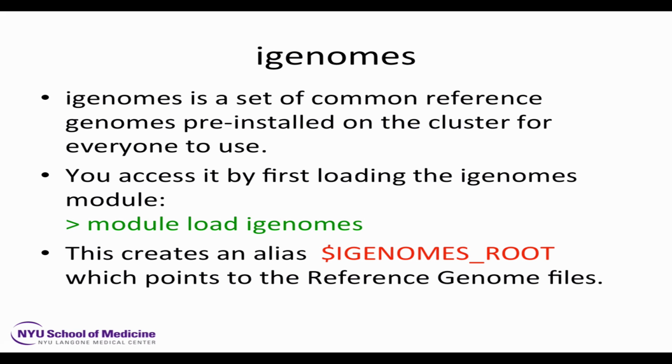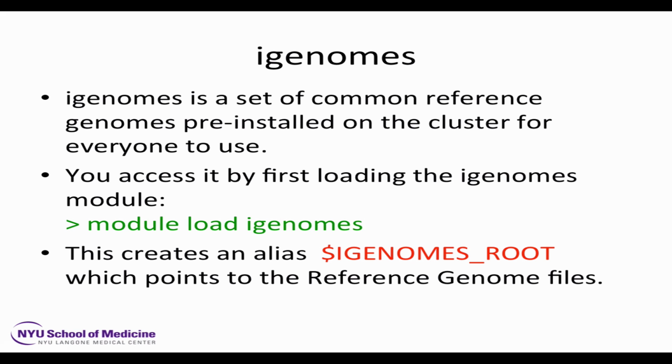So rather than have everyone do that and teach you all how to compute your own indexes, we've created a resource called iGenomes that contains reference genomes already indexed in most of the common formats that you need. Everything that you need for this workshop is present in the iGenomes section of our server. And you don't copy those reference genomes, you just point to them in your script.